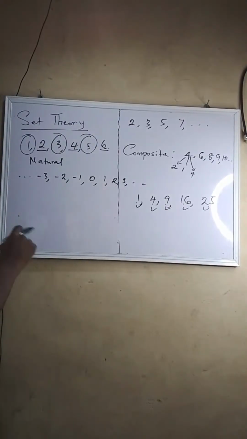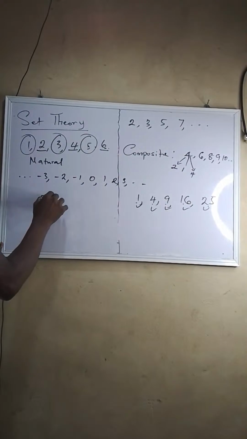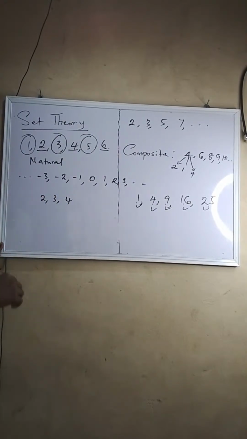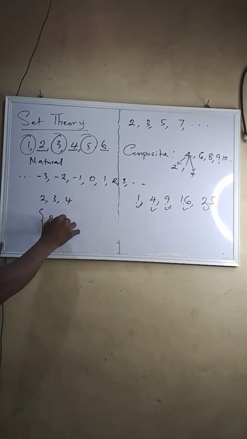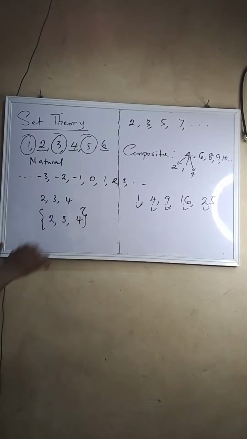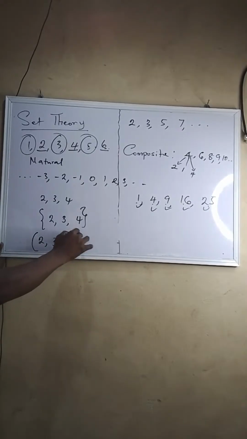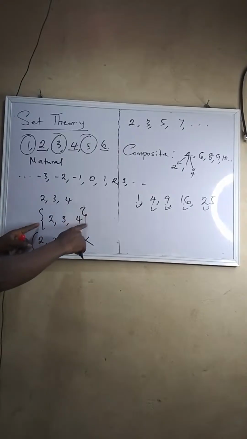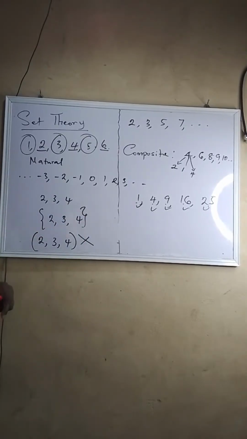Take for instance, if I have a set of numbers like 2, 3, 4. Now, if this must be a set, it must be enclosed in curly brackets. Now, this is a set. So if you have it this way, 2, 3, 4, this is not a set. So it is enclosed in curly brackets.